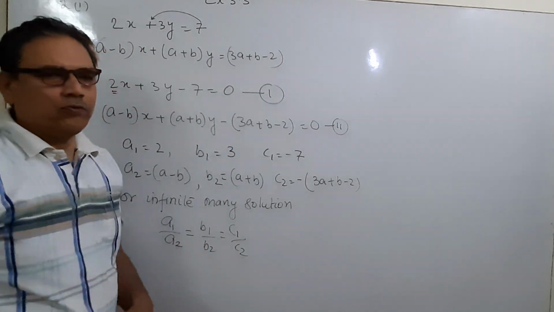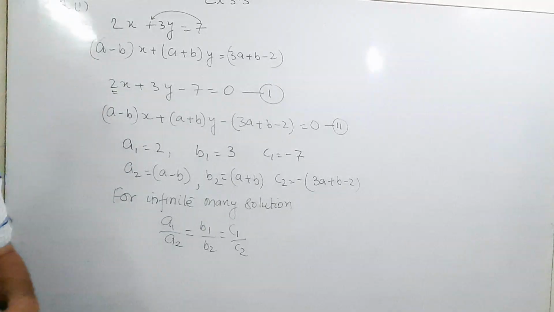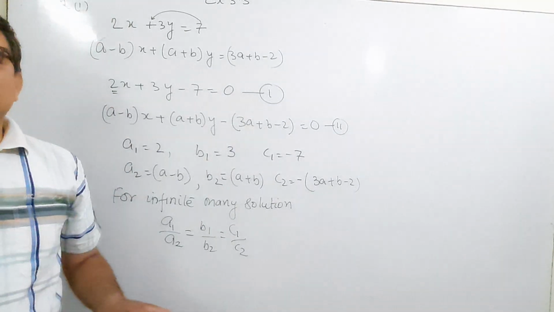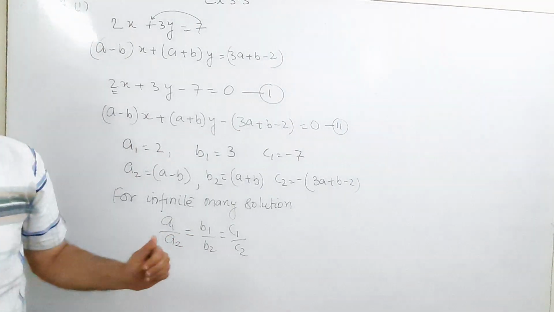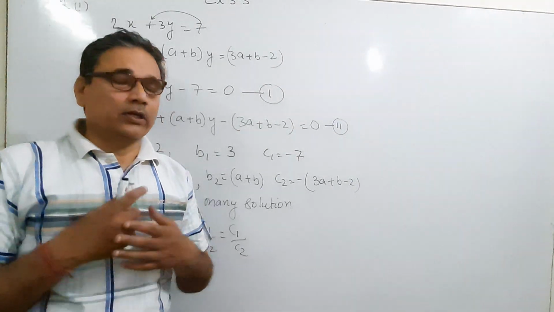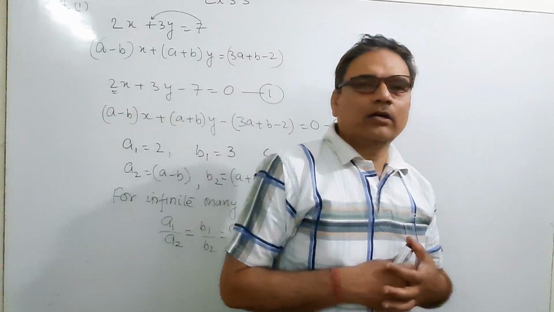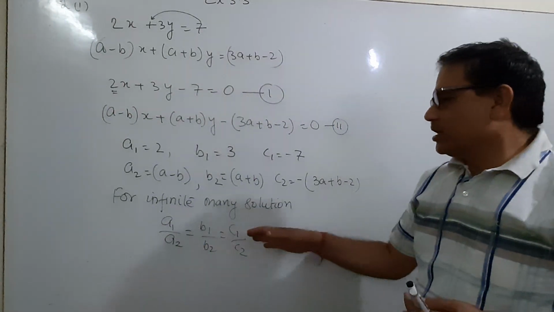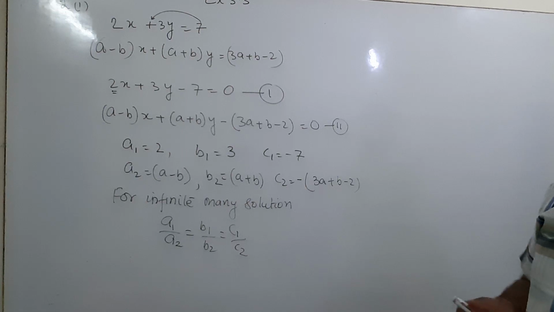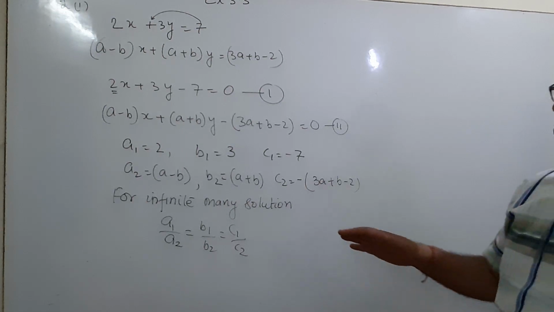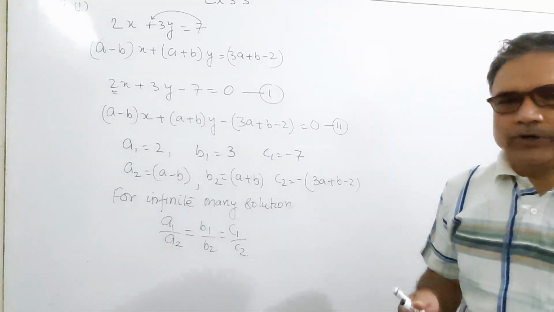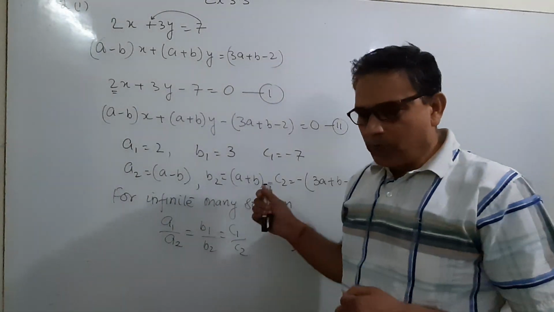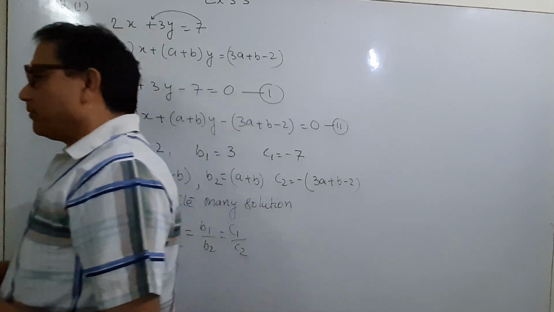The ratio of the coefficients of x equals the ratio of the coefficients of y equals the ratio of the constant terms. This is the condition for infinitely many solutions. And now here we have to put the values of a1, a2, b1 and b2, c1 and c2. Now put them in yourself.